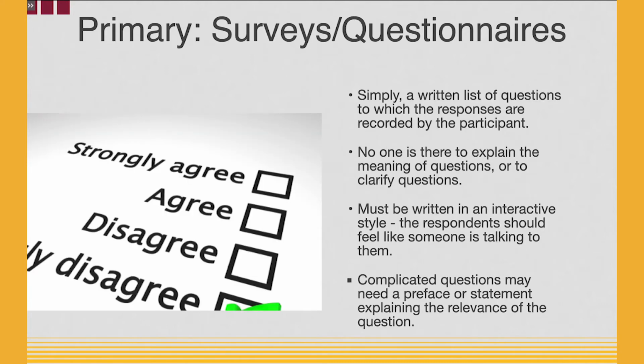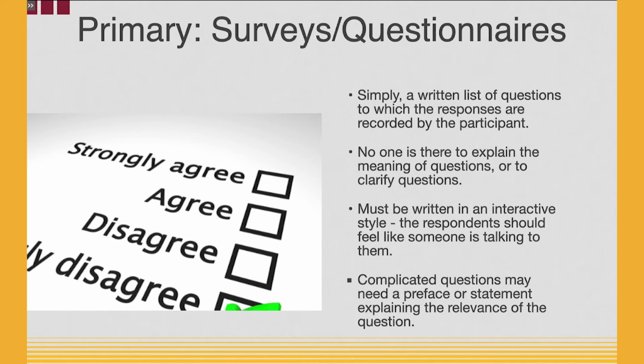Another way to gather primary data is through surveys or questionnaires, as our textbook calls them. This is simply a written list of questions, and the responses are recorded by the participant themselves. One of the problems with this is that there's no one there to explain the meaning of the questions or to clarify the questions.